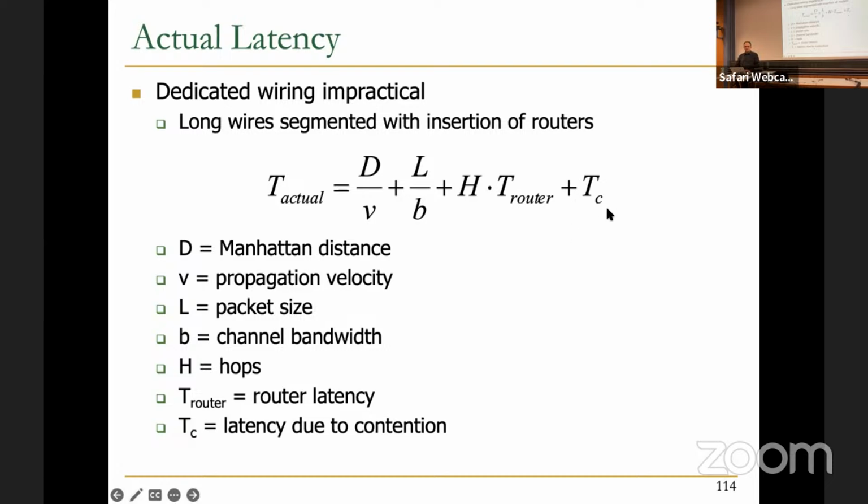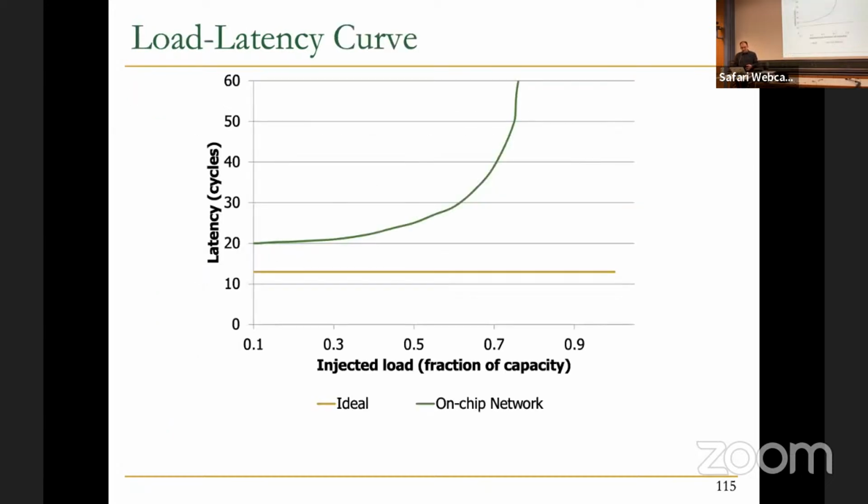You might also have some contention. But you can see that we pay for hops times T router only once, because we are using wormhole or virtual cut-through, so we pipeline things. This is your actual latency. But if you do some experiments, you're going to see that the actual latency is actually this.